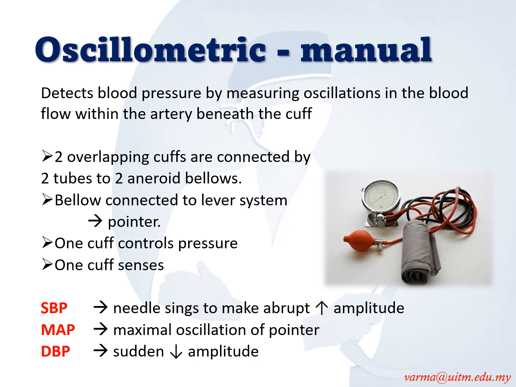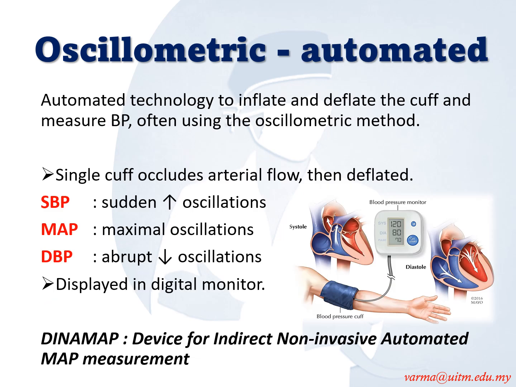The same concept is applied in an automated manner, where the deflation and inflation of the cuff are controlled by automated technology. By sensing the oscillation and displaying it digitally, we get the oscillometric automated method. It is a single cuff, compared to the double cuff used in the manual method, which occludes the arterial flow and is then deflated.